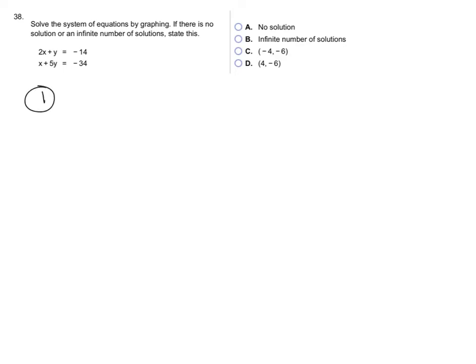So first we're going to look at the top equation, which is 2x plus y equals negative 14. And I want to find two xy ordered pairs that I can easily plot on a graph. Now if you'll notice in this equation, the y is by itself. So I'm going to solve for y.